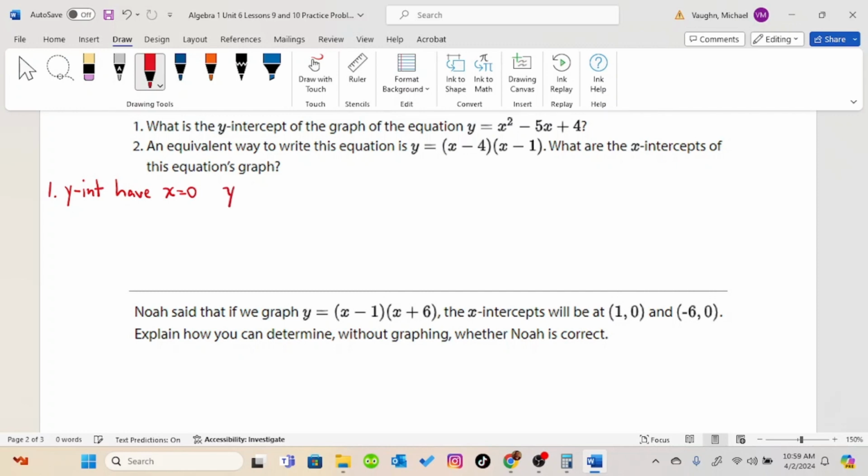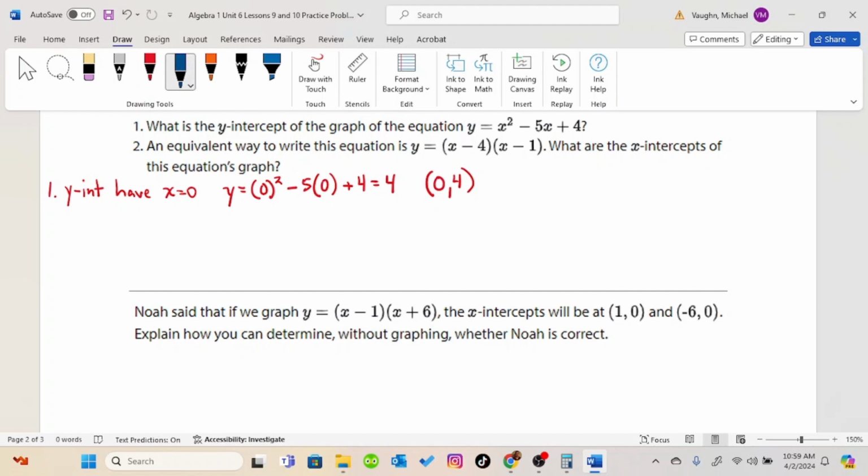So y equals 0 squared minus 5 times 0 plus 4, which equals 4. So the y-intercept is at (0, 4).